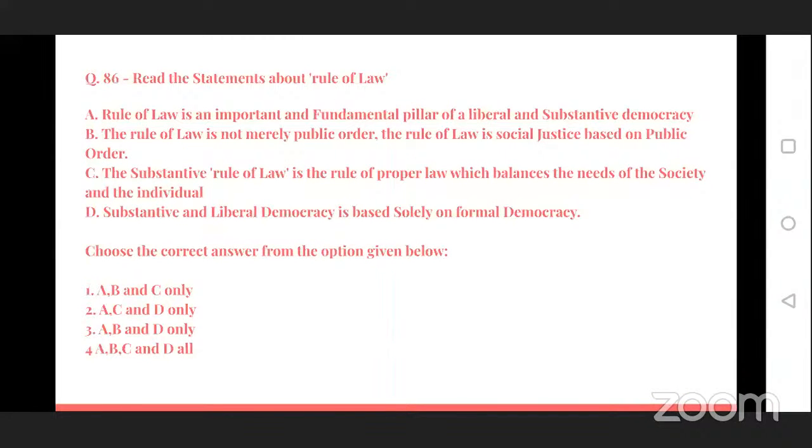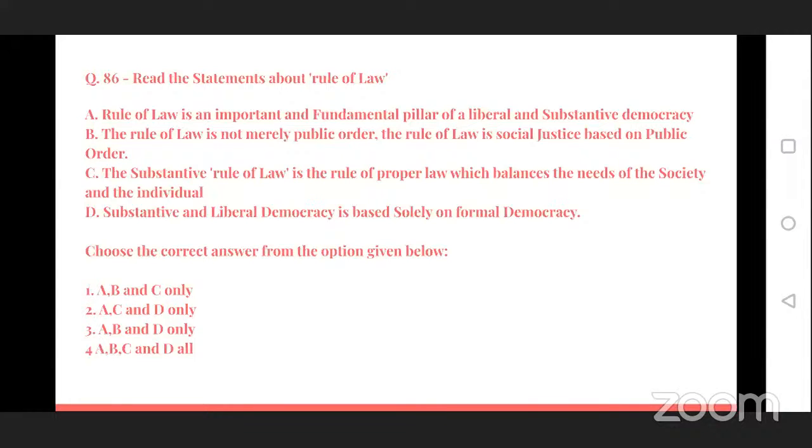Now let us move quickly to question number 86. Read the statements about rule of law. A, rule of law is an important and fundamental pillar of a liberal and substantive democracy. B, the rule of law is not merely public order; the rule of law is social justice based on public order.